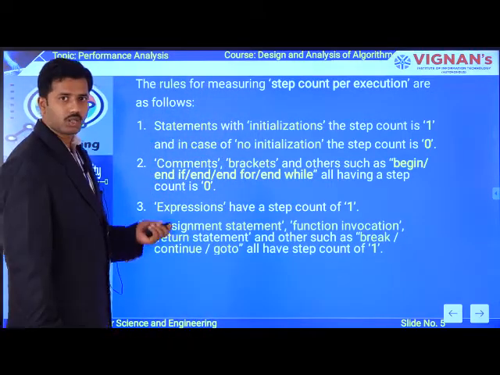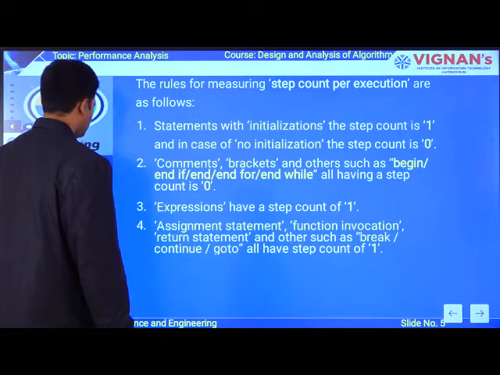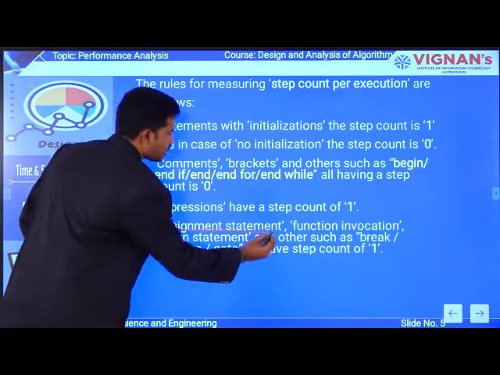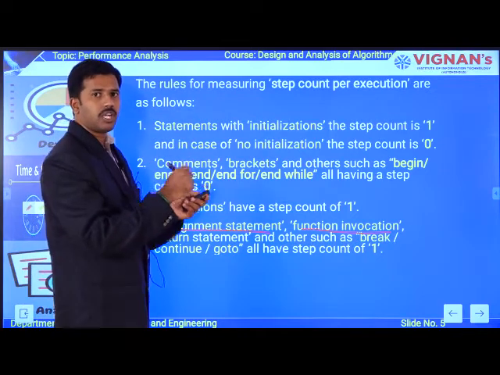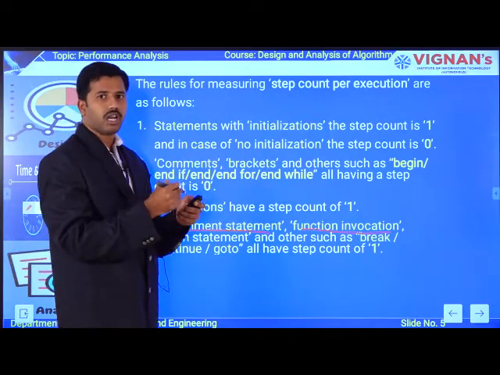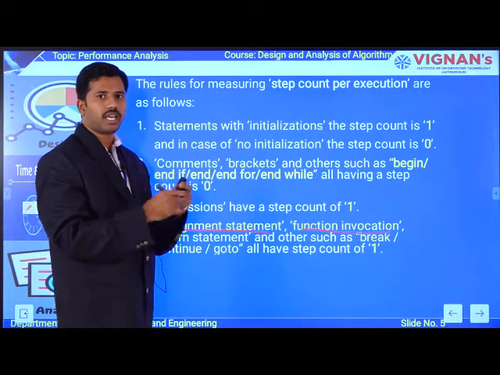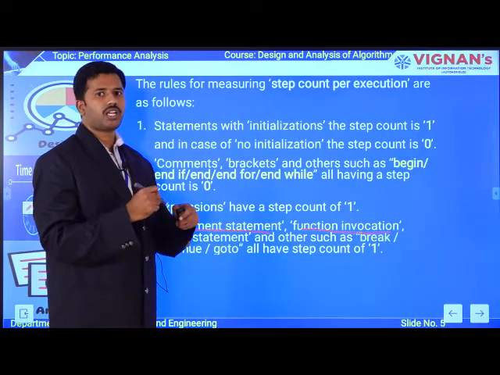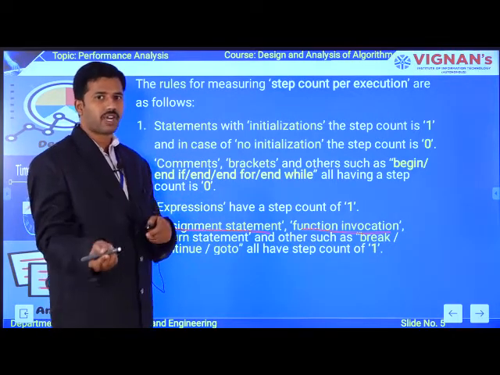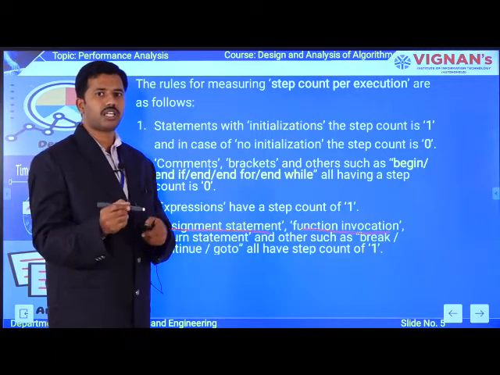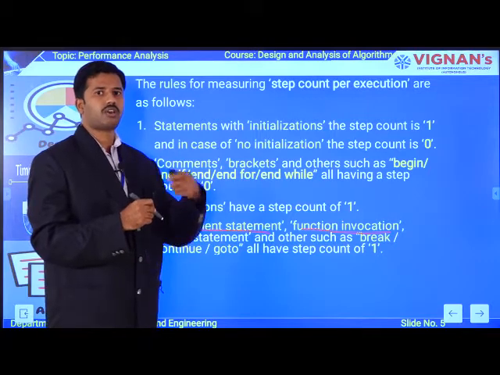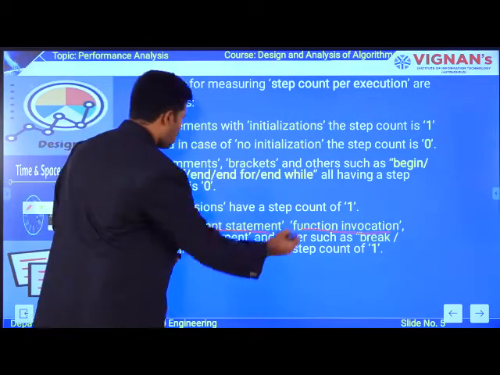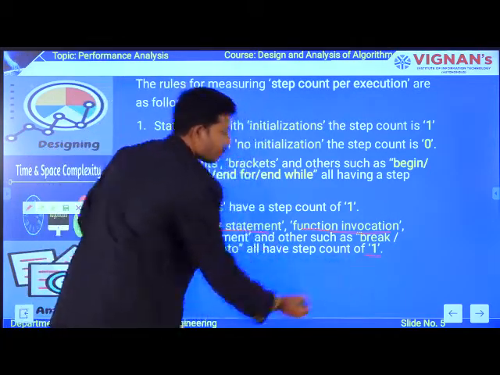Now coming to the last rule. As I said previously, for the assignment statement as well as function invocation, you are calling an algorithm in two ways: the algorithm calls itself directly, or from one algorithm you call another algorithm. That is a function invocation. For function invocation the value becomes 1.